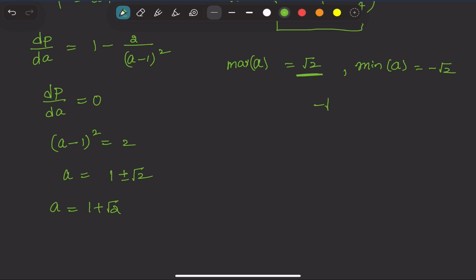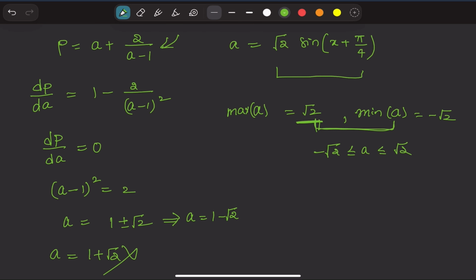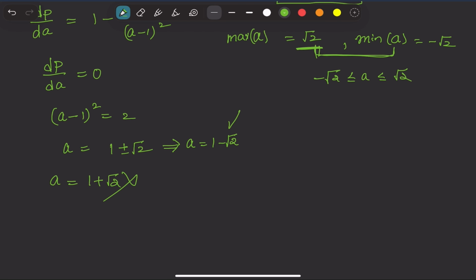So A lies between minus root 2 and plus root 2 from these two things that we have derived. So this is eliminated. So the only root will be A is equals to 1 minus root 2. So this is the only turning point of the function that we have in terms of A, inside this particular range.